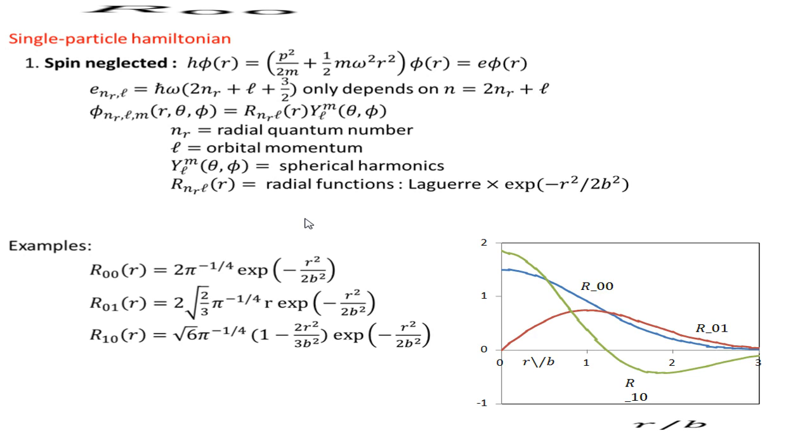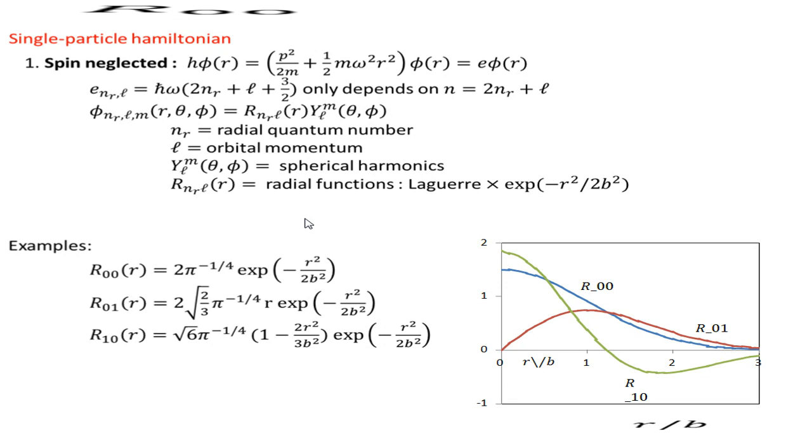Okay, so first, if we neglect the spin, we have the harmonic oscillator Schrödinger equation, and well, we know the eigenvalues which are given here, the eigenfunctions, and for 0s orbitals we have these Gaussians here.